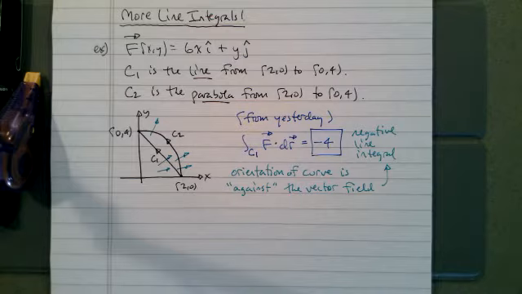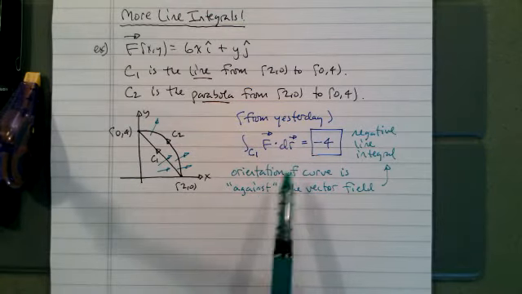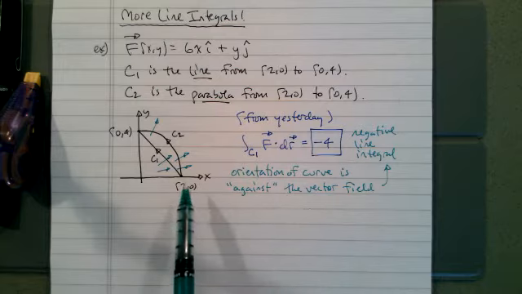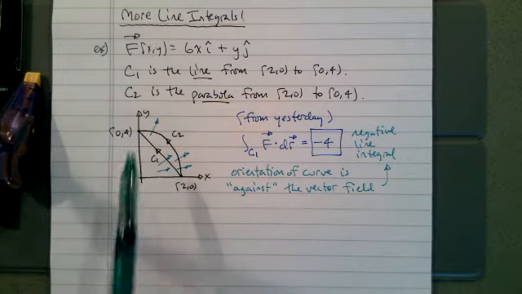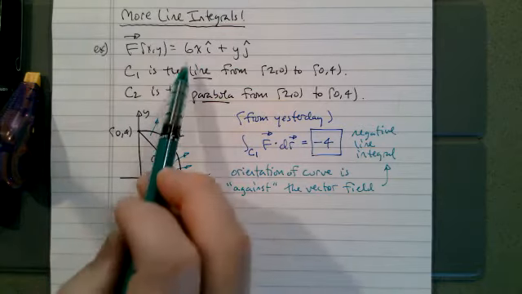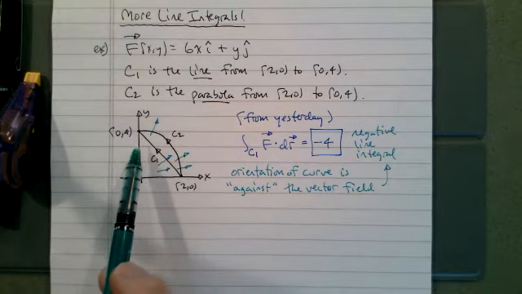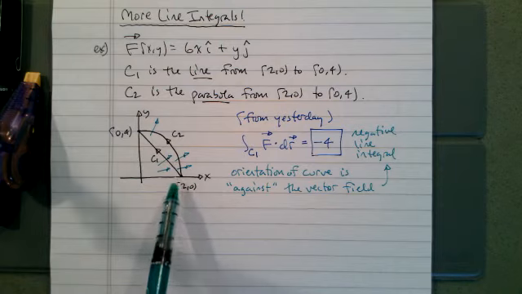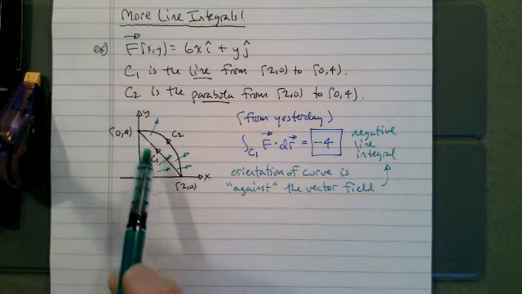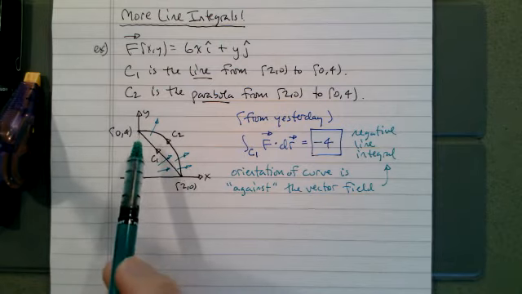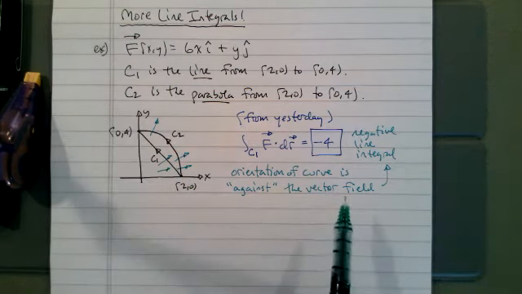Then we calculated the definite integral by taking the dot product, which gave us an integral from t equals 0 to t equals 2 along this path, evaluating this vector field at all the points along this path, calculating the dot product with the direction vectors along this curve, and then adding all those things up.